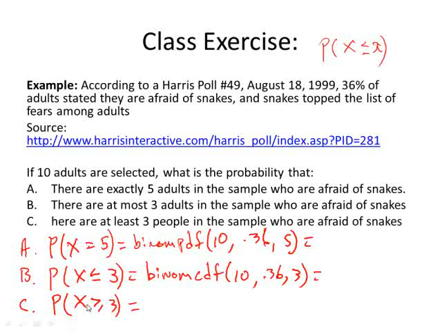So the probability that X is greater than or equal to 3 is equal to 1 minus the probability that X is less than or equal to 2. 3 is included over here. So now this is 1 minus binom CDF(n, p, x).